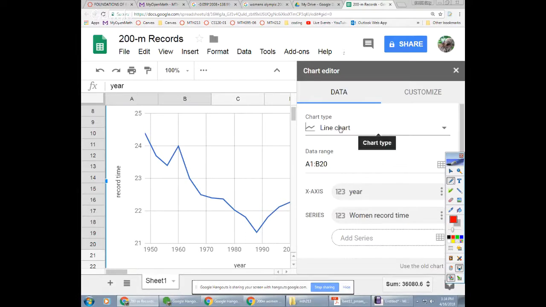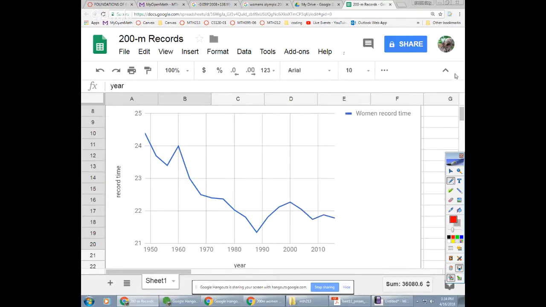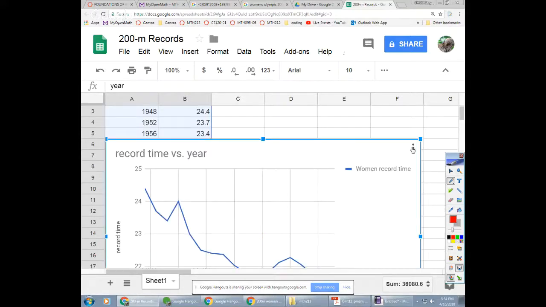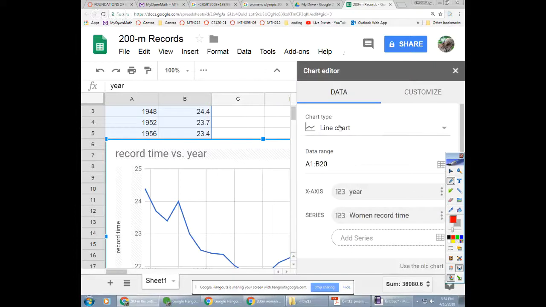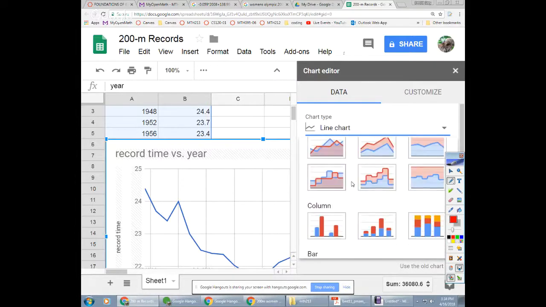All right. So it's making a line chart. Is line chart appropriate here? Yeah, line charts are usually for things that change over time, and that's what I have here. What I really want is a scatter plot because I'm trying to find a straight line model for this. So I'm going to change that chart to a scatter plot.